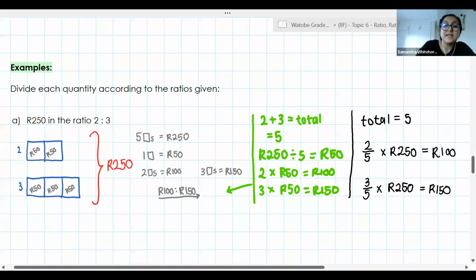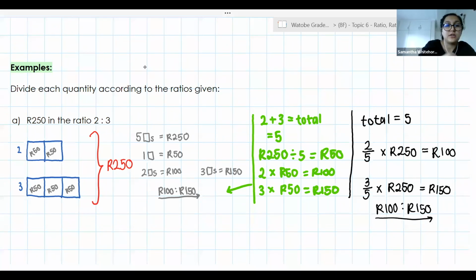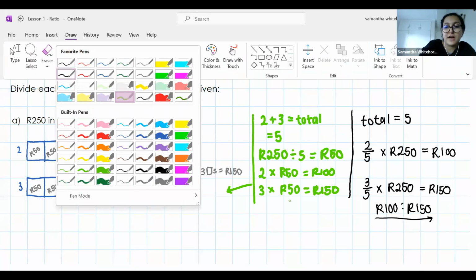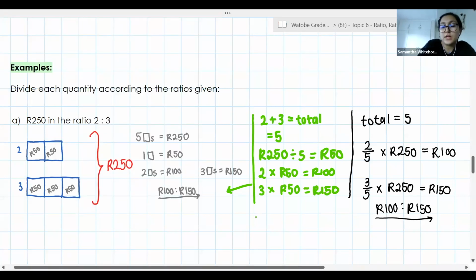So in any case that you do this, you still get exactly the same division of the amount according to the ratio you were given.